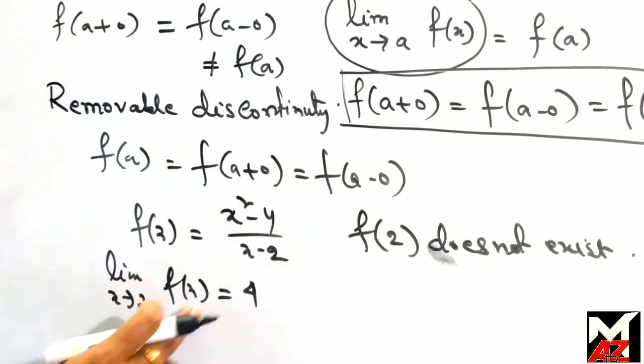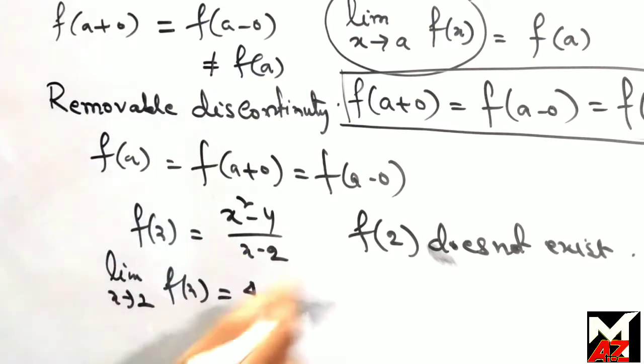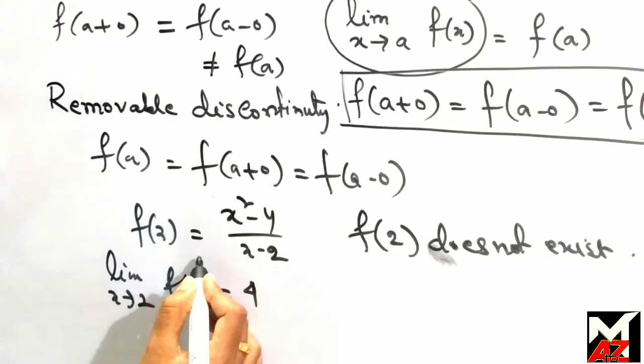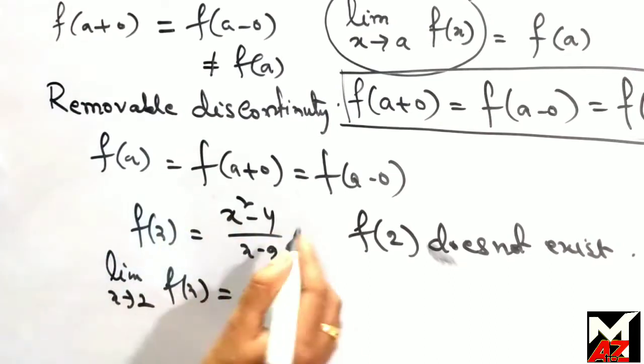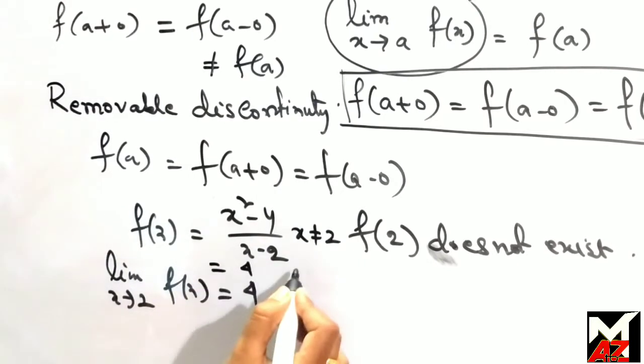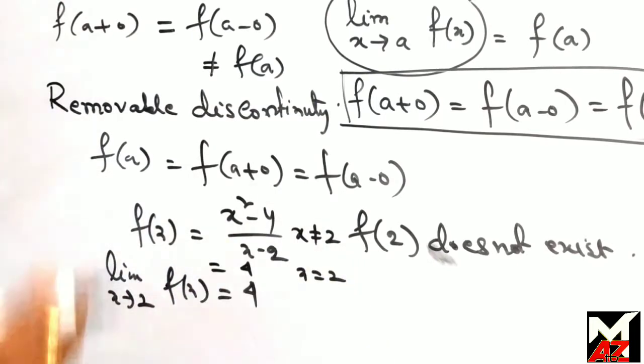So the limiting value is 4. So if we assume f(2) equal to 4, that is, the function is defined as f(x) equal to this for x not equal to 2 and 4 for x equal to 2, then the function is continuous at x equal to 2. So this function has removable discontinuity at x equal to 2.